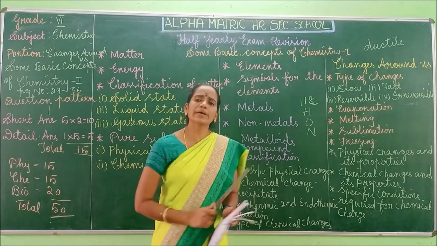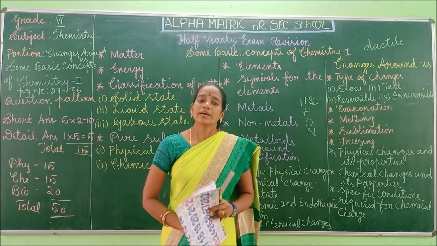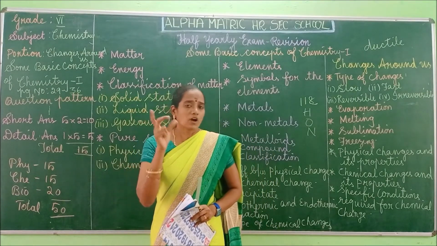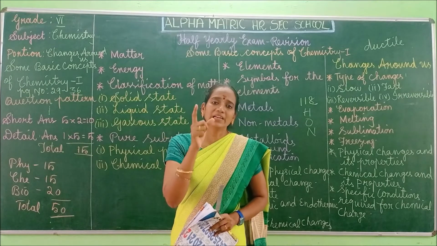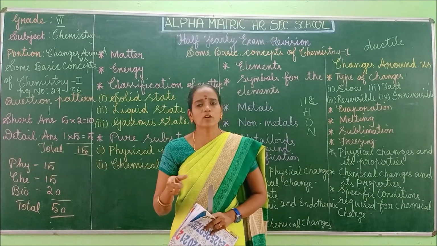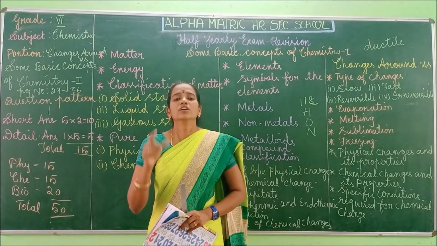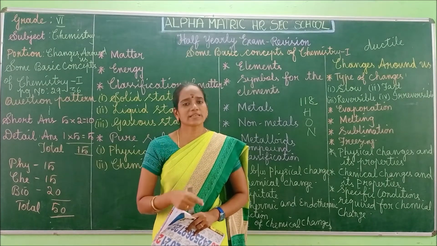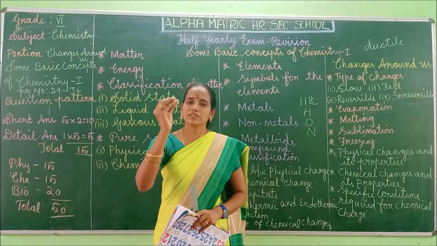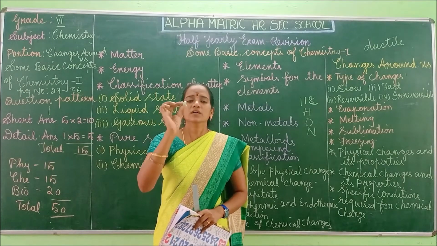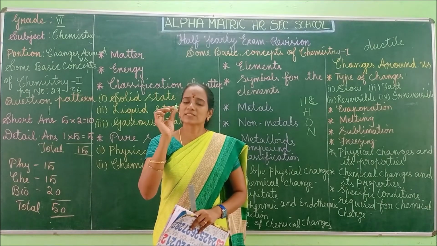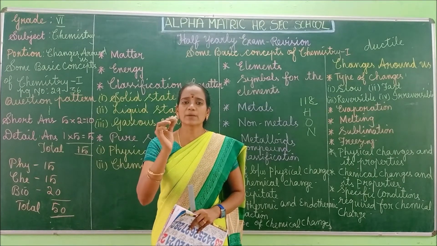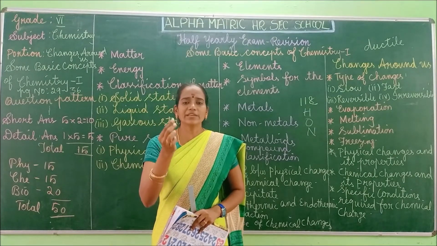Then what do you mean by inorganic compound? Inorganic compounds are obtained from non-living sources such as minerals, rocks, etc. Example, this chalk paste is an inorganic compound because it is obtained from non-living sources.